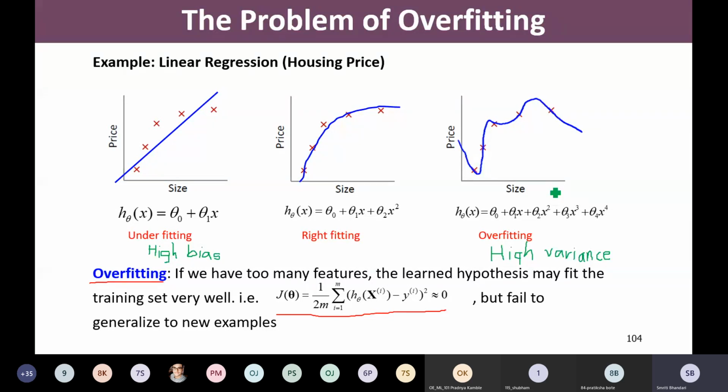But if we keep the same model and only change the data, then we may experience very high error. And if this is the case, then we say that it is having high variance.